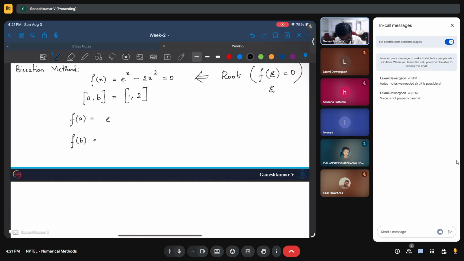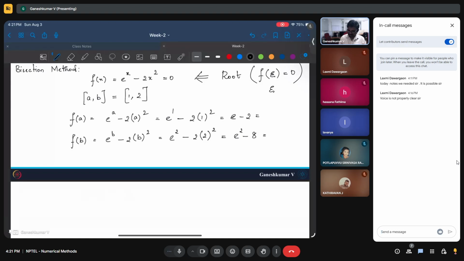Maybe I'll write it down separately. So f of a means e power a minus 2 into a square, which is basically e power 1 minus 2 into 1 square, or e minus 2. And f of b is e power b minus 2 into b square, which is e power 2 minus 2 into 2 square, e power 2 minus 8.